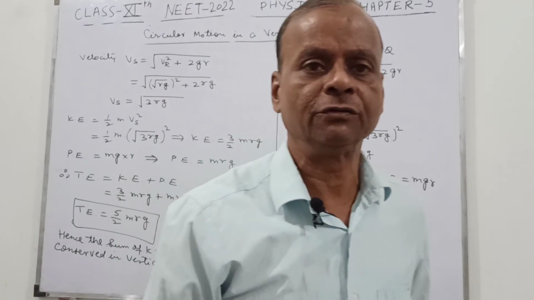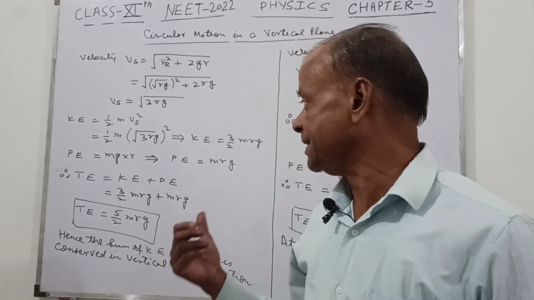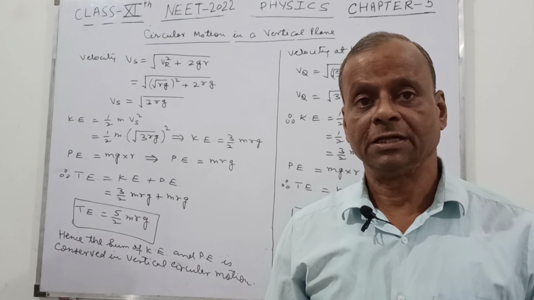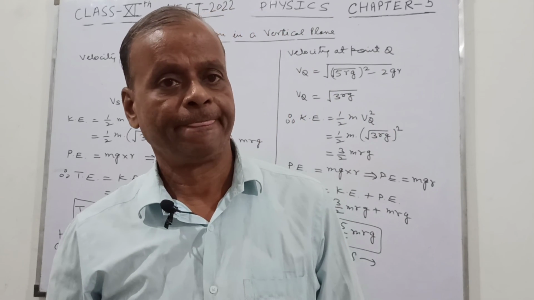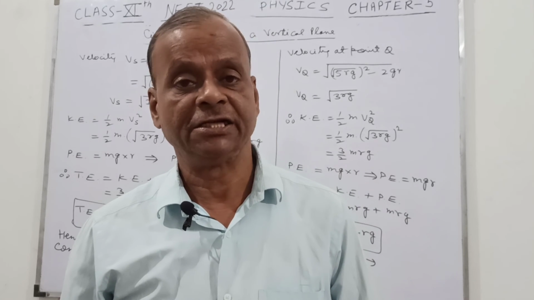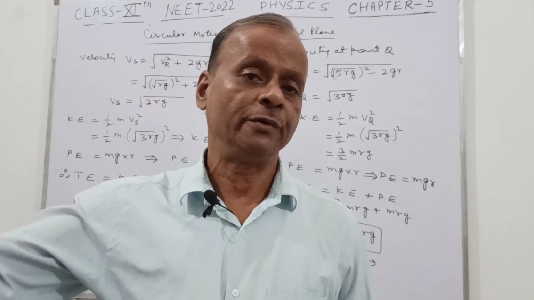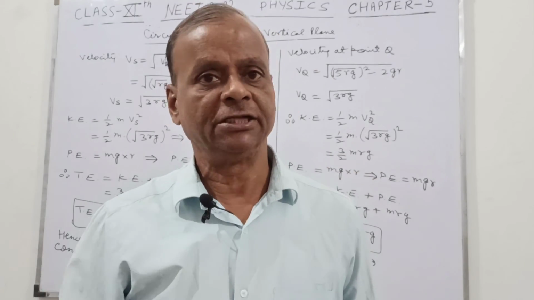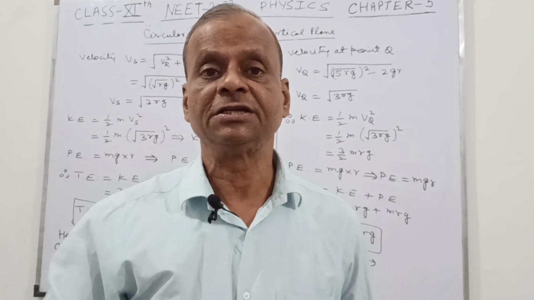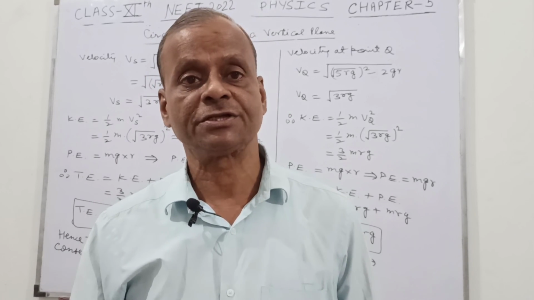So I told you what will be the value of the tension at the lowest point and at the highest point, and then the energy at the different points. As the particle moves from the higher point to the lower point, the velocity increases, so kinetic energy increases, but potential energy decreases, but the sum of these two is constant.